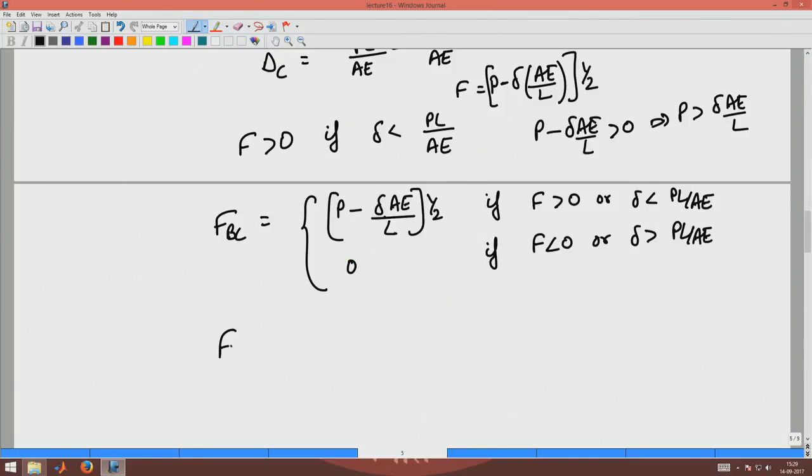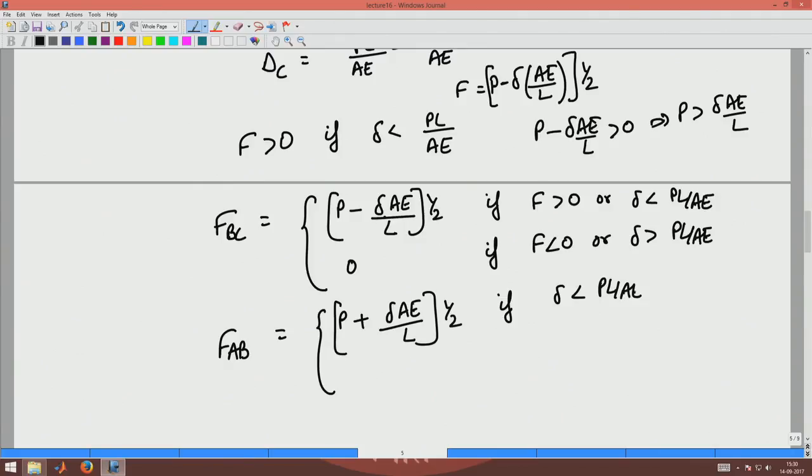Similarly, FAB would be P minus F, so it will be P plus delta AE by L into 1 half if delta is less than PL by AE, and it will be P if delta is greater than PL by AE.